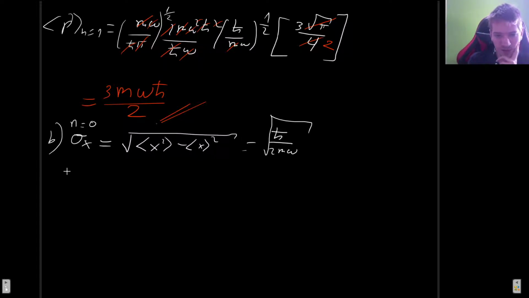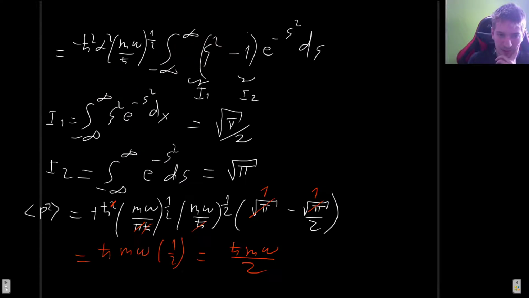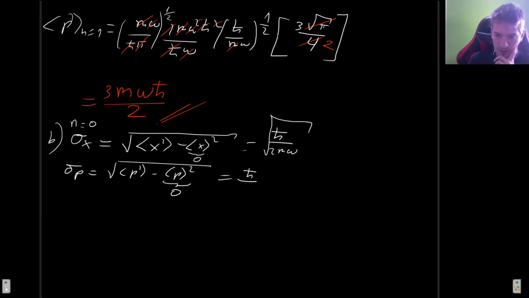Yes. So our uncertainty for the momentum now, similarly, is just p squared minus the expectation of p, squared, but this here is also 0, just as that was. So what was our result? Let me go see. It was h bar m omega divided by 2. So the square root of that.